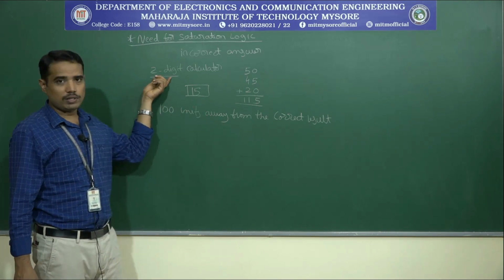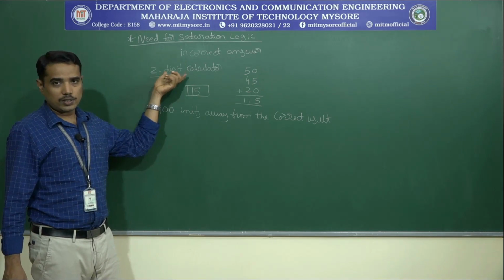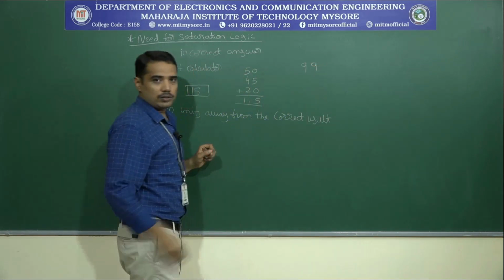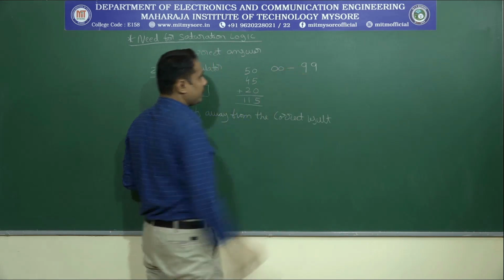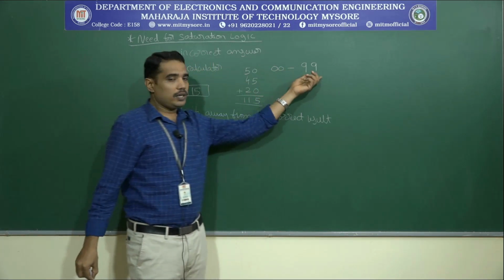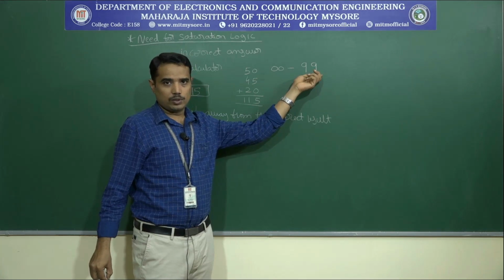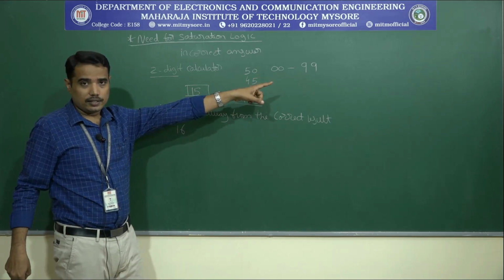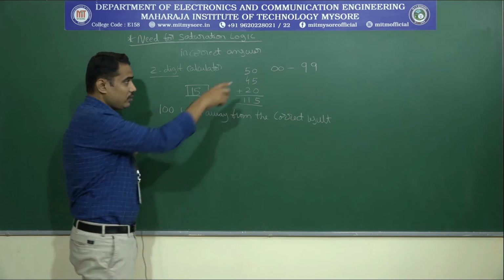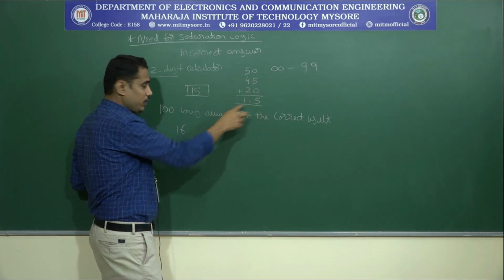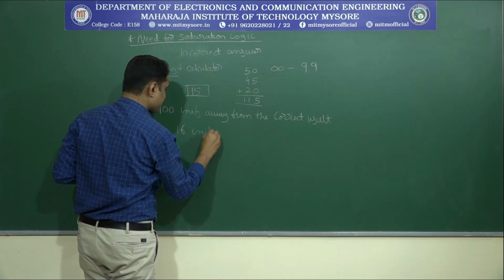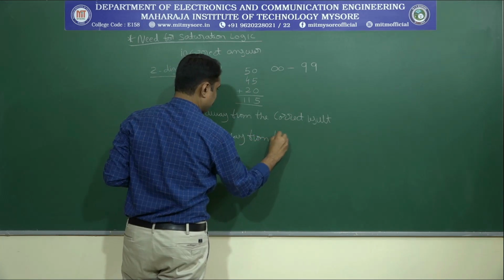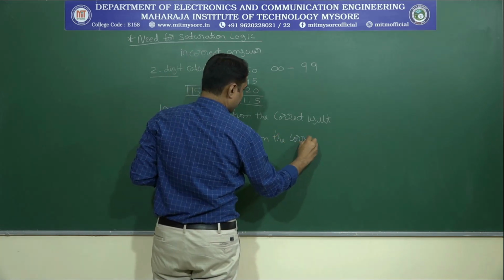With respect to 2 digits, what is the 2-digit saturation value? We know that the 2-digit saturation value is 99. The minimum value starts from 00 to 99. Now the saturated concept of 99 comes into the picture. By adopting the concept of saturation logic, the answer is 99, and this 99, with respect to 115, is 16 units away from the correct result.